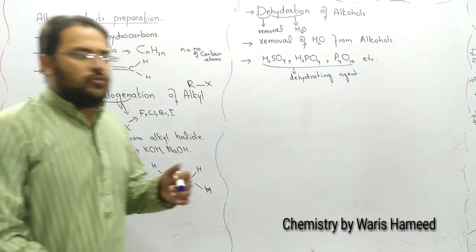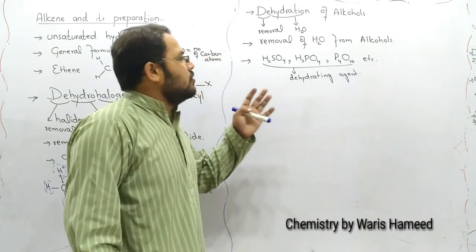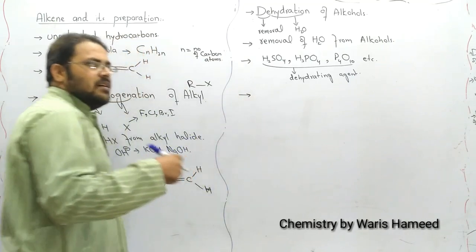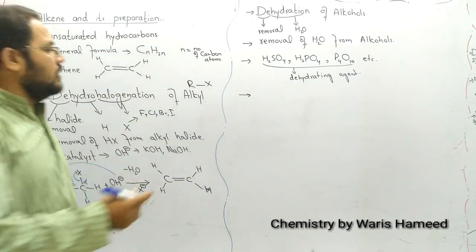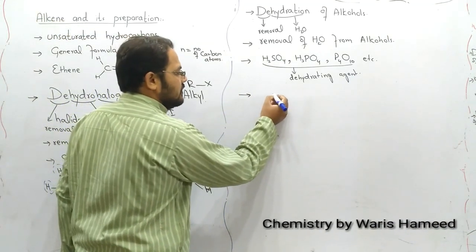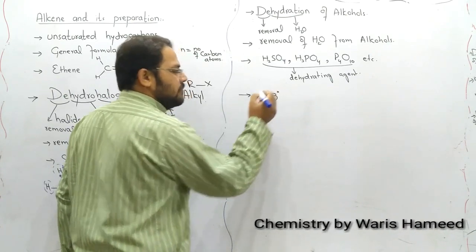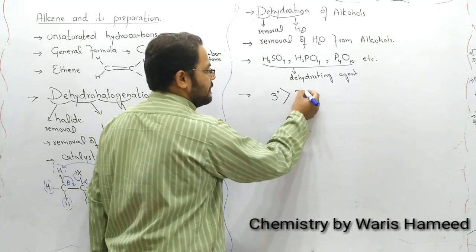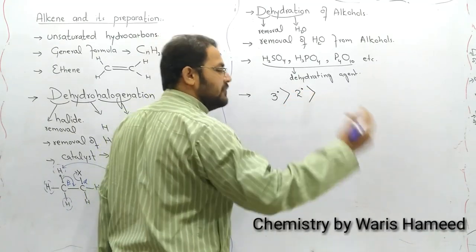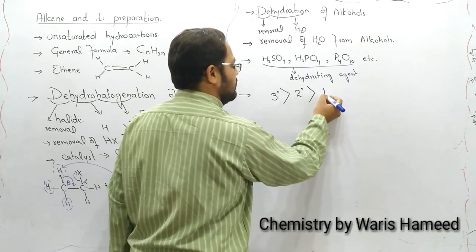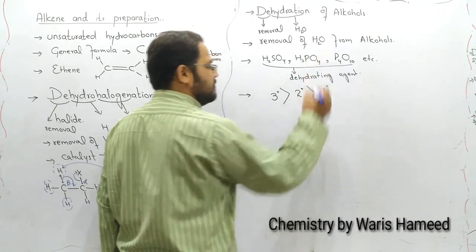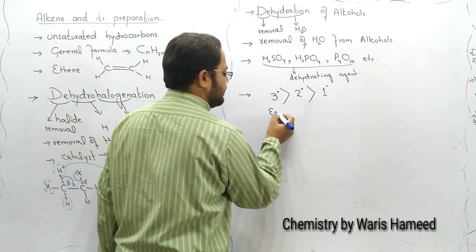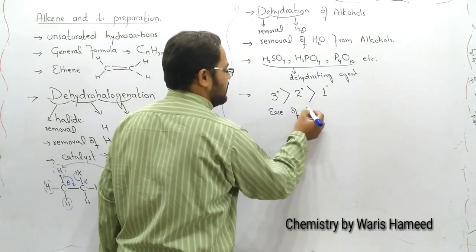These can be used to remove water from alcohols. The ease of removal of water from alcohol is in this order: we can easily remove water from tertiary alcohol, then secondary alcohols, and the most difficult removal of water is from primary alcohols. It is the ease of water removal.